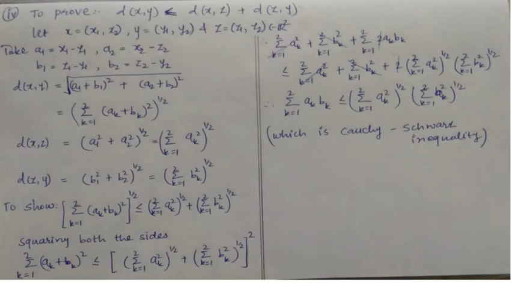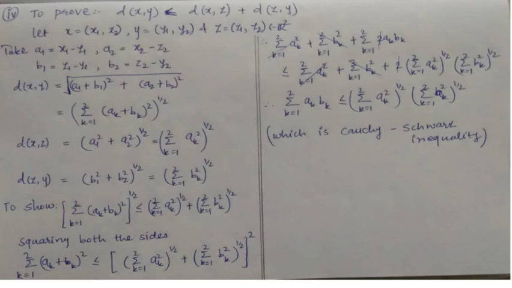Next, to show this, put dxy equal to its value, we get summation over k equal to 1 to 2 of (ak plus bk) whole square, whole to the power 1 half, less than or equal to, put the value of dxz. Here dxz is equal to summation over k equal to 1 to 2 of ak square, whole to the power 1 half, and plus dzy.